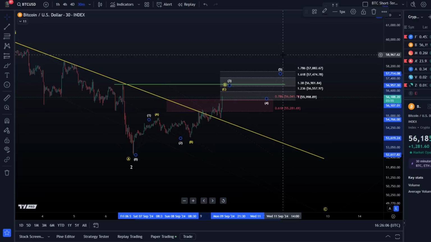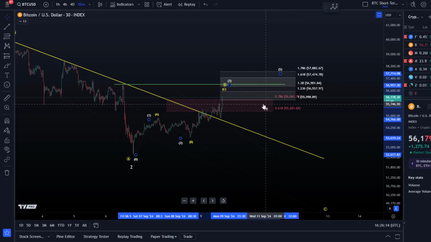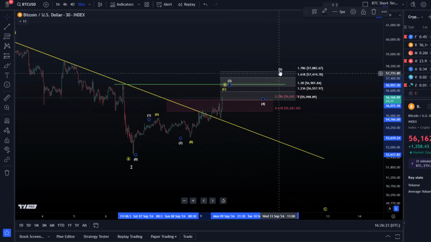That would be the minimum expectation in the white count. Then I can add a support zone for wave 4. A wave 4 would normally retrace to the 100% extension, maybe a little lower, so we're talking about 56K again. And then a 5th wave should reach maybe the 1.618 or the 1.786 extension.